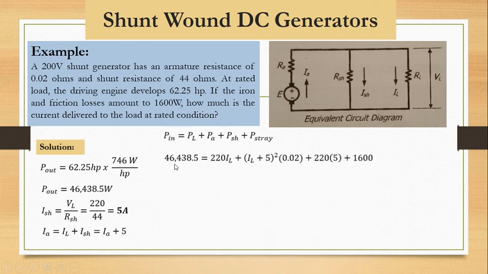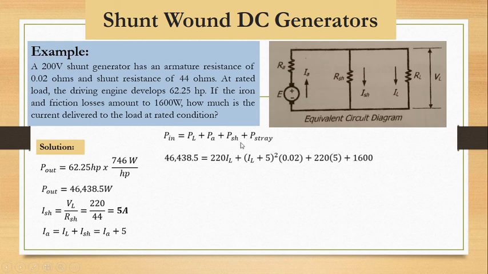So 46,438.5 is equal to 220 IL, where 220 volts is VL, plus IA squared times the armature resistance, where IA is IL plus 5, plus PSH.